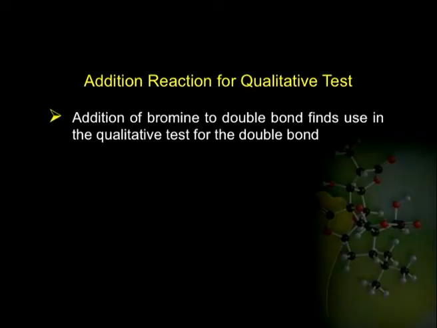Similar to what we observed in the case of alcohols, where a reaction happened to be a qualitative test for differentiating between primary, secondary and tertiary alcohols, we observe that addition of a halogen molecule to an alkene also gives us a very good qualitative test.